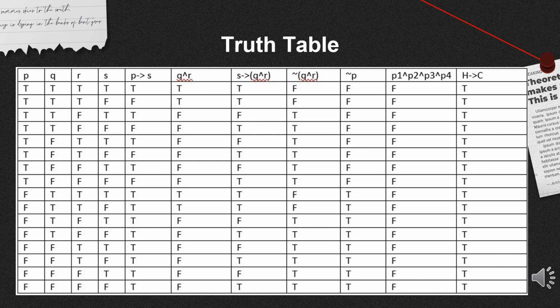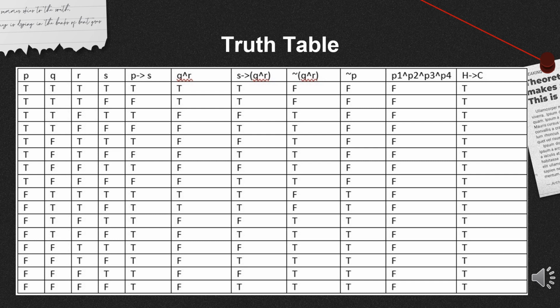The first column is variable P. For P we have true, true, true, true, true, true, true, true, false, false, false, false, false, false, false, and false.